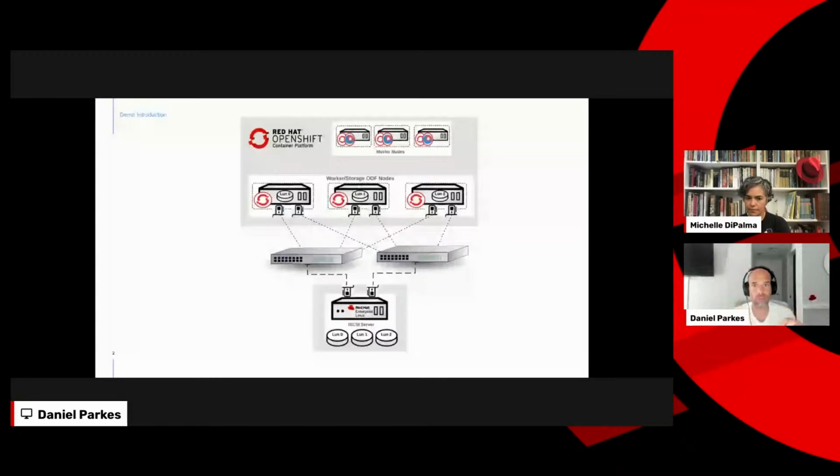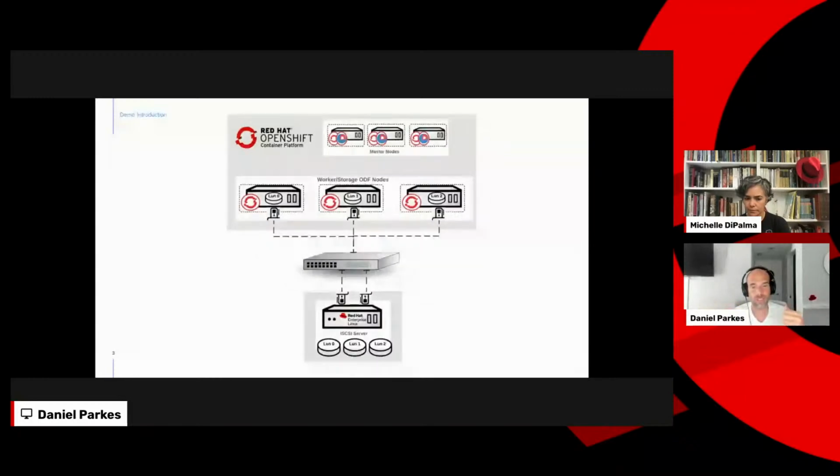because the main goal of what I want to show today is how to configure multipath and then how to use LSO to consume that multipath device that we have configured. So this is our demo diagram. We have 3 worker nodes that are going to be our storage nodes, and what we want to do is assign a LUN to each of them, because this is what later on ODF is going to consume.